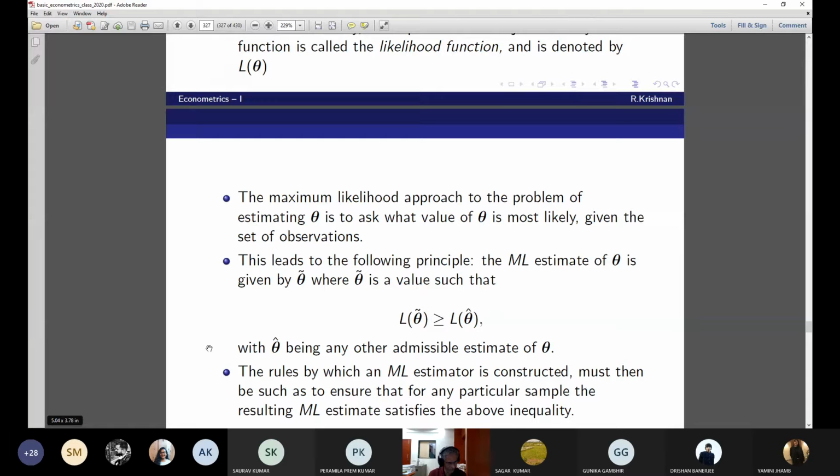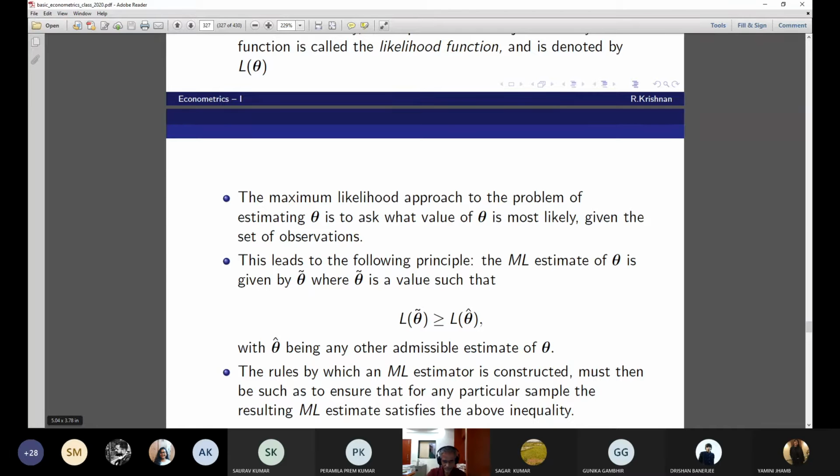What is that parameter vector which would most likely have given rise to the sample that you have on your hand? That is the likelihood function. I have to obtain that value in such a way that the likelihood of theta tilde is greater than or equal to L theta hat, where theta hat is any other admissible estimate.